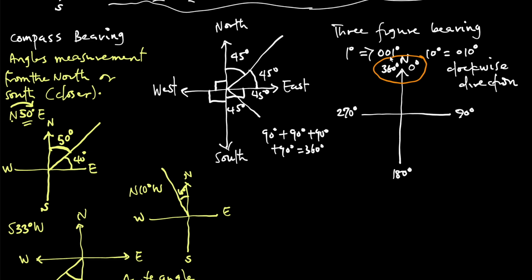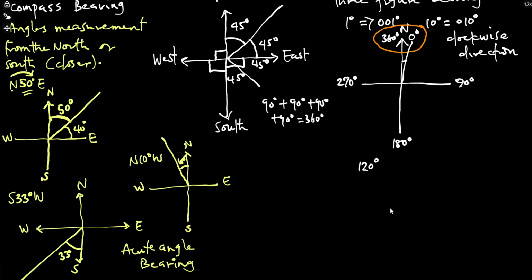Now, if you want to make a reading of 1 degree, 1 degree is between 0 and 90 degrees, so it's just going to be very small. And if someone says, okay, represent 120 degrees on a 3-figure bearing or 3-digit bearing, it's going to look like this.